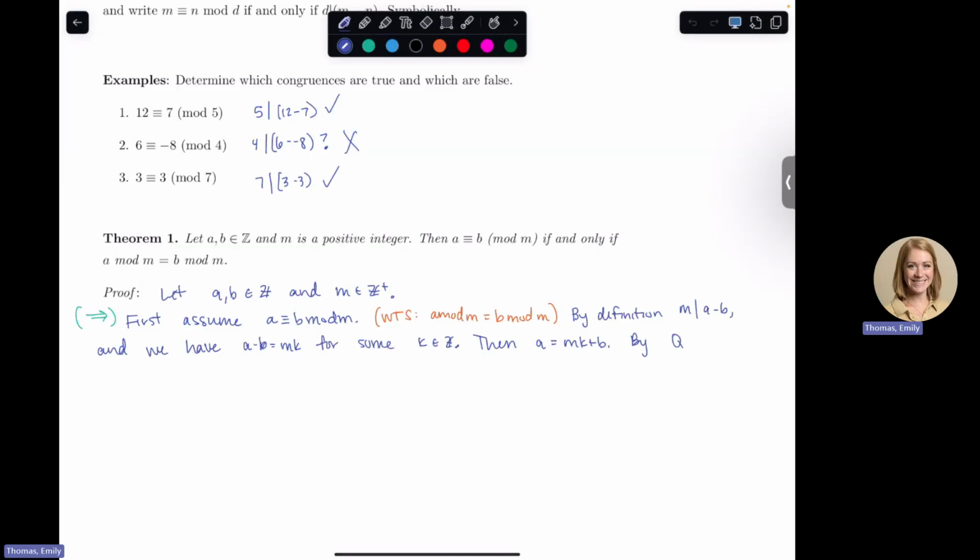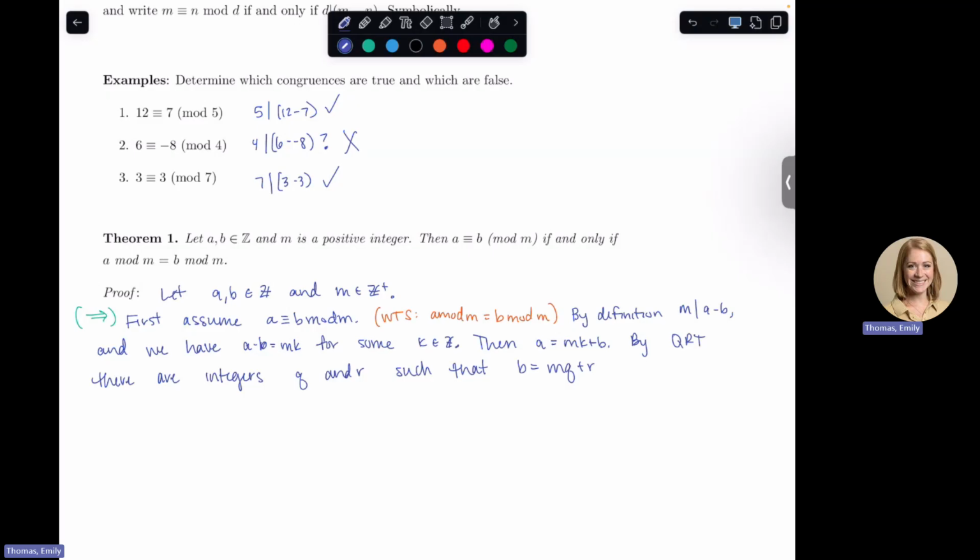So we're going to use the quotient remainder theorem. There are integers Q and R such that B equals M times Q plus R. If it's divisible by M, then R would be 0, right?